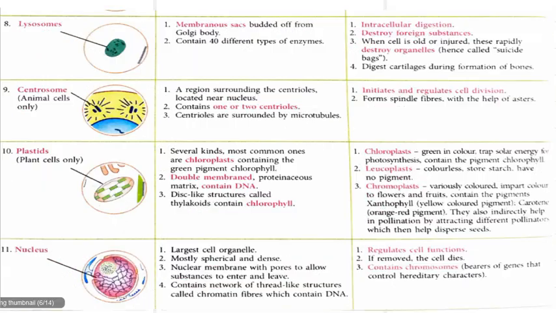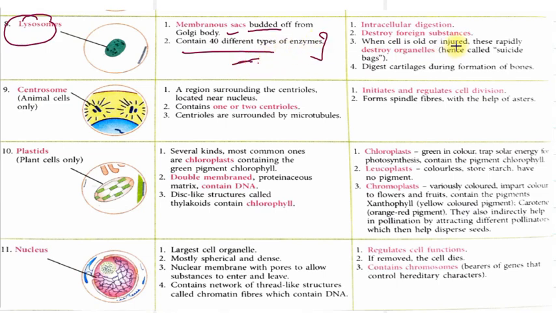Next are lysosomes. Like this. They are membranous sacs budded off from Golgi body. They contain different types of enzymes. Very important, keep it in mind. So they help in intracellular digestion. They destroy foreign substances.